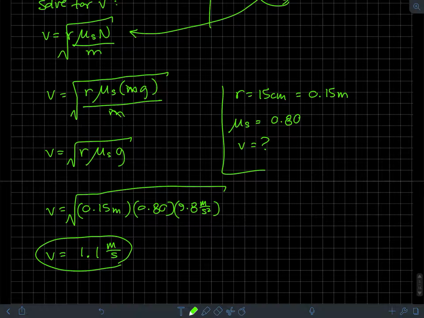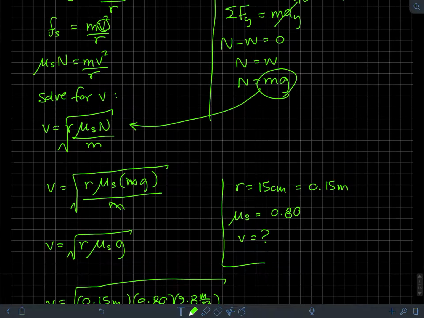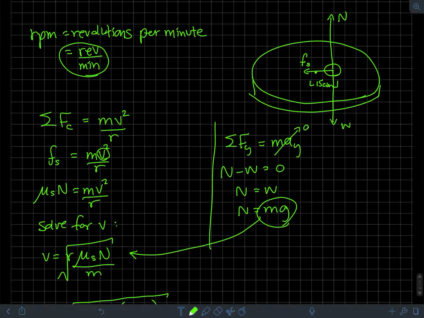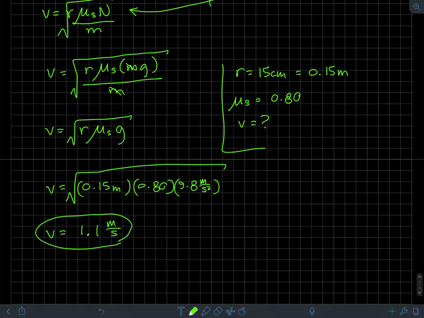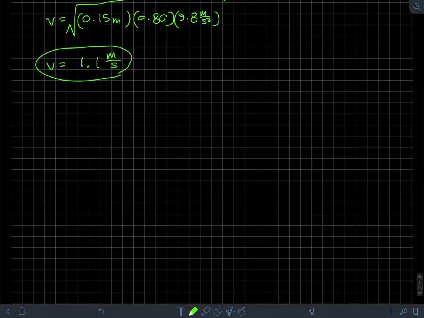Okay, so this is not the final answer. This is the linear speed of this turntable when the coin starts slipping. But we want to find RPMs. So we want to know how many revolutions per minute this is making. Okay, let's do a conversion. So we have our velocity, and we've got 1.1 meters per second.